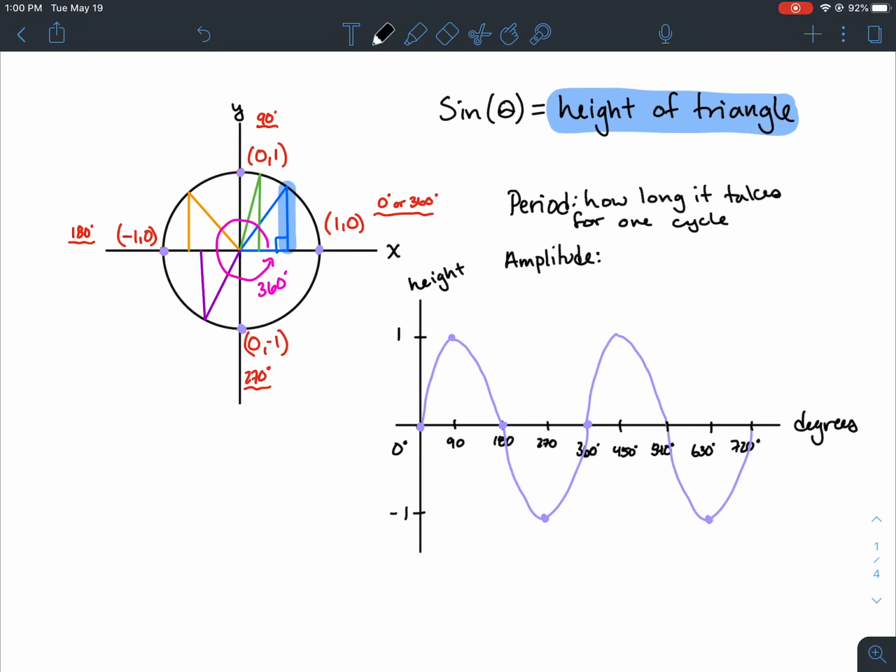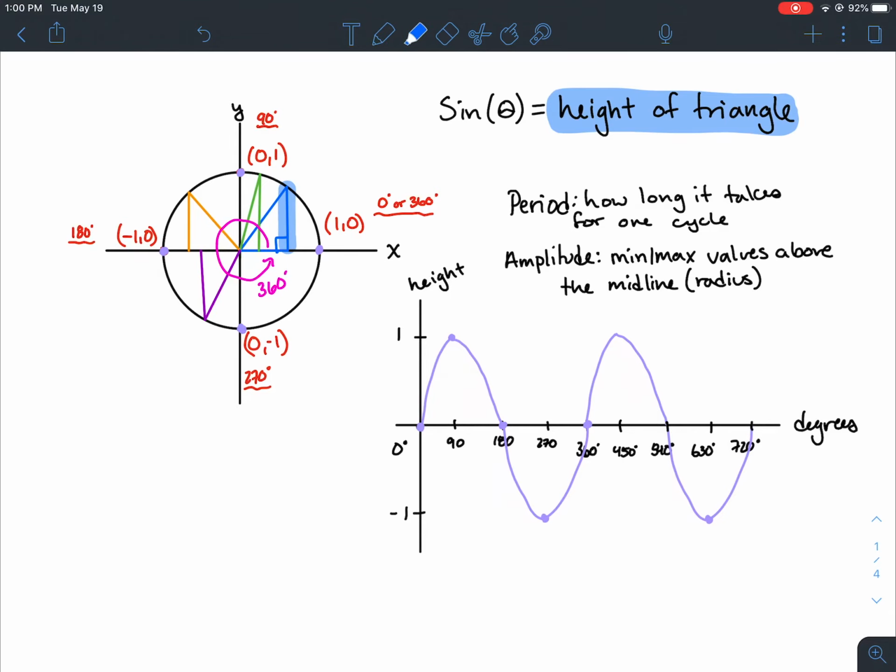And the amplitude is really just the min and maximum values above the midline. And another way we could just say simply that this is the radius.